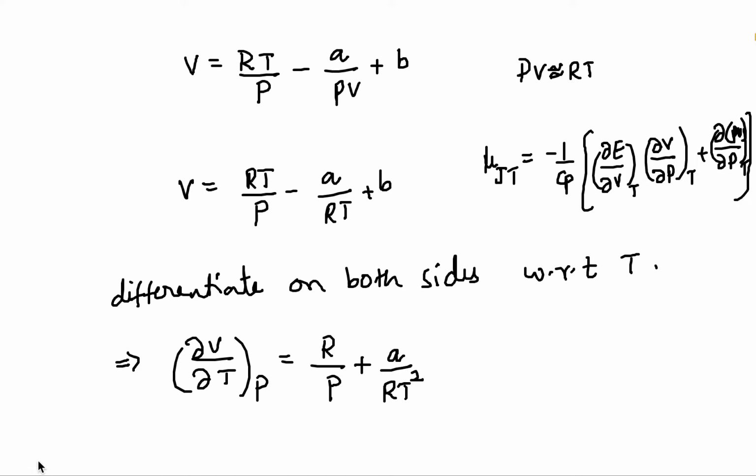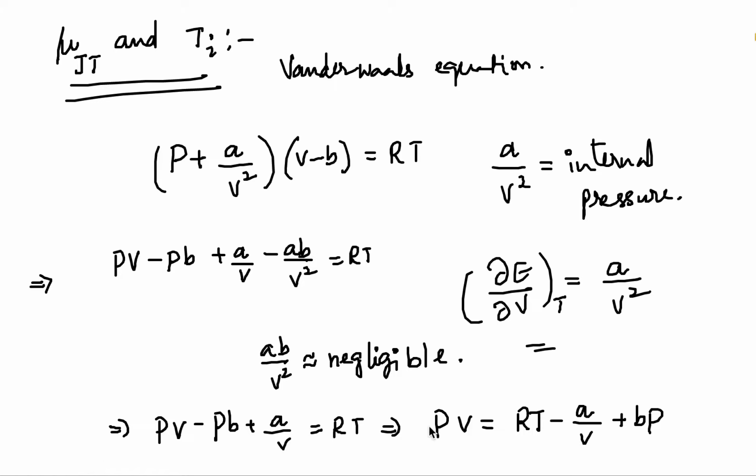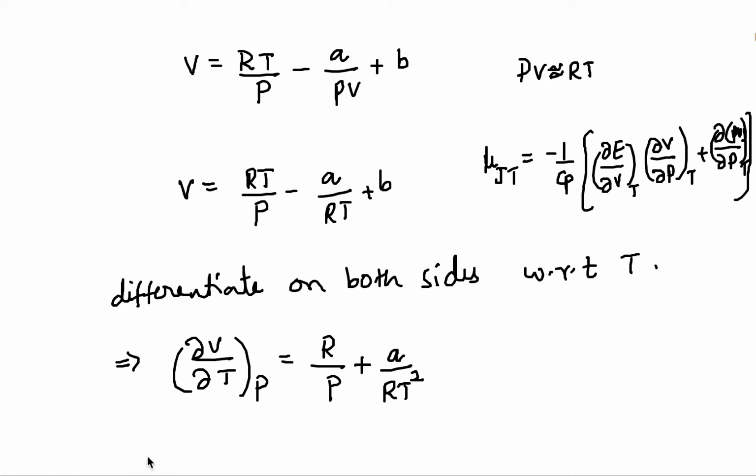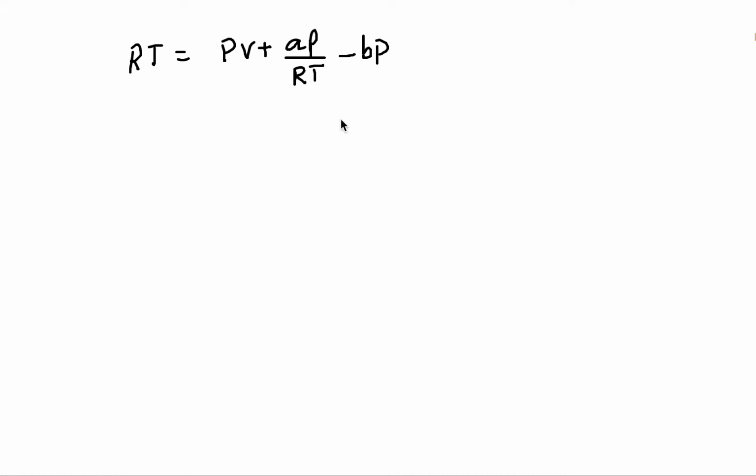Let's go back, this one here: RT is equal to PV plus A over V plus BP. So I replace the V with RT over P, and that makes this equation. Now we have PV and BP, so I can take the common factor P here, and this is V minus B plus AP over RT.